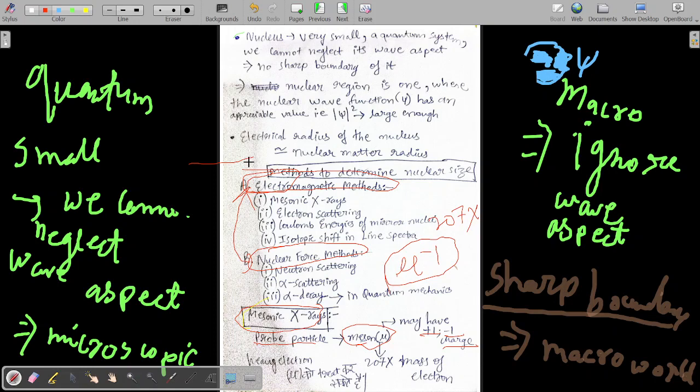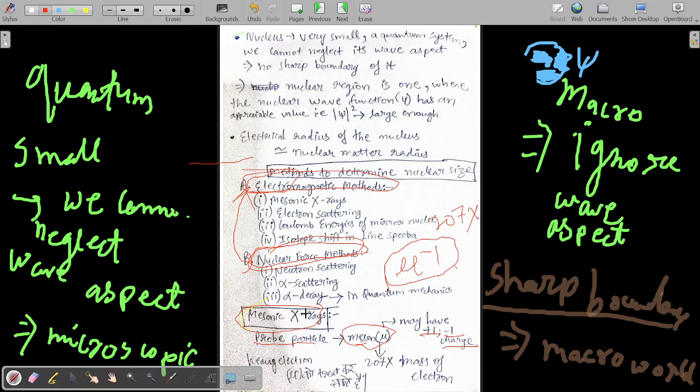So electromagnetic methods are related to charge and magnetic field, but in nuclear force methods we are basically trying to bombard neutral particles. It will become clearer as you keep watching the classes.